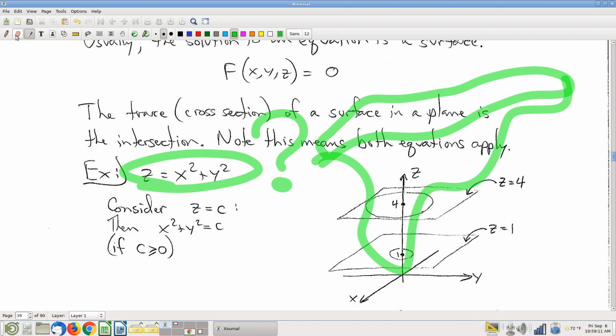Here's the idea. If I want to understand what happens when I take a slice, if I cut through this thing, if I want to know what its cross-section looks like in some plane, that plane has an equation.